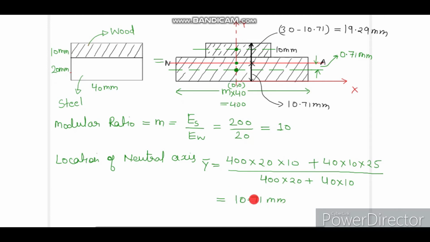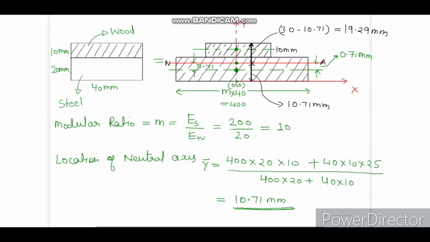The centroid lies at a distance of 10.71 mm from the 0 0 point, so the separation between these two lines will be 0.71 mm.